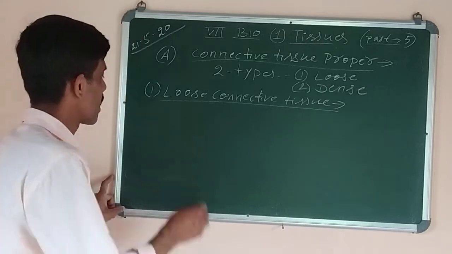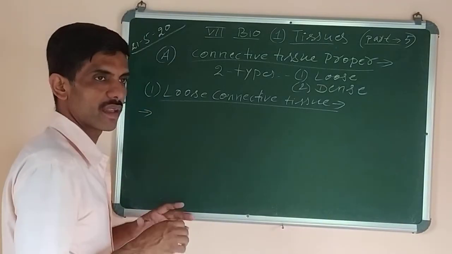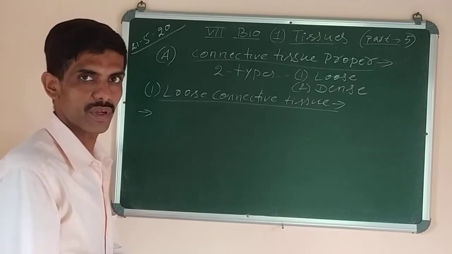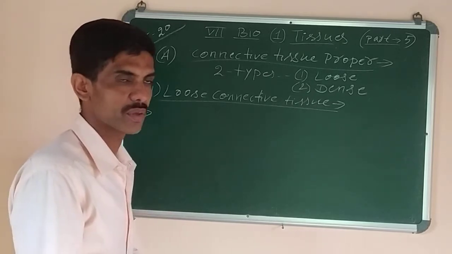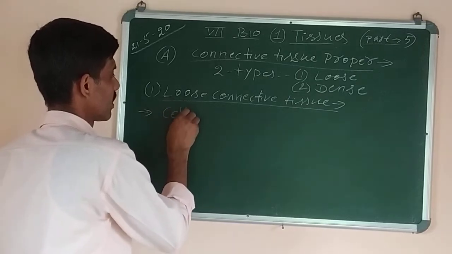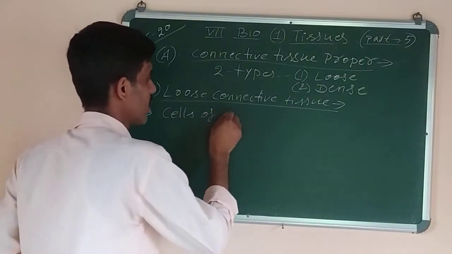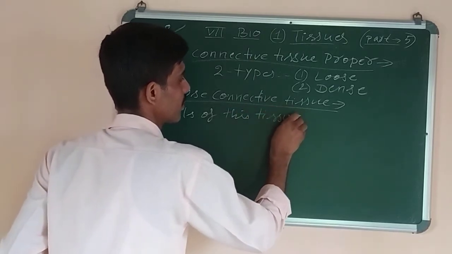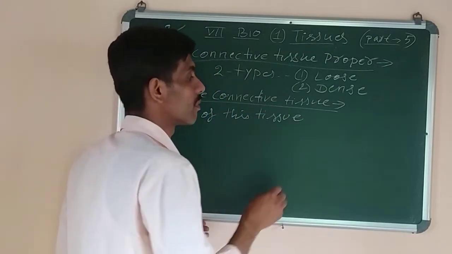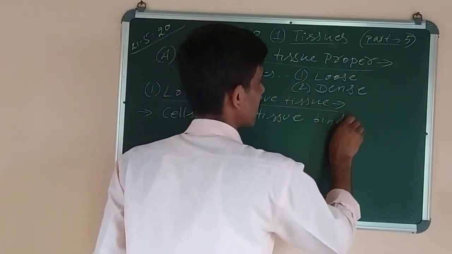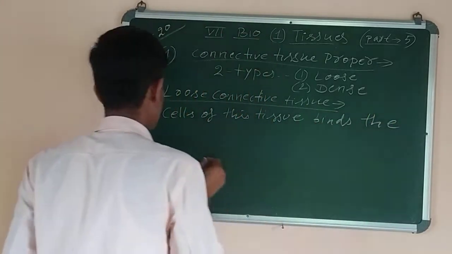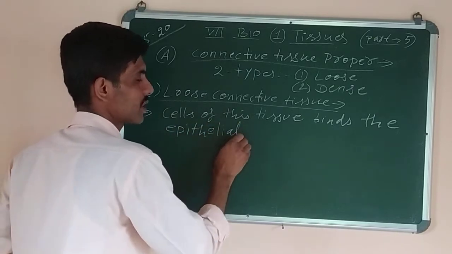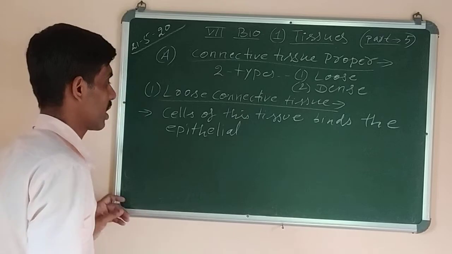So in the loose connective tissue, the cells of this tissue bind the epithelial tissue. Epithelial means the outermost tissue which is covering or lining our outermost organ, that is called epithelial tissue.